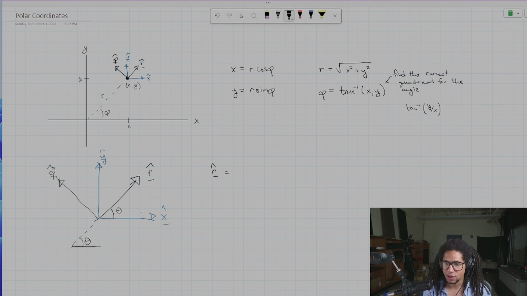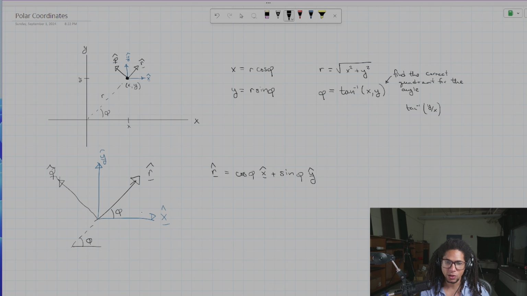So this is going to give us the length of the hypotenuse, which is 1 because r hat is a unit vector. So 1 times cosine theta times x hat, because this is in the x hat direction. And then in the y hat direction, playing the exact same game will tell us that we should say plus, and of course this should not be theta, this should be phi. I apologize. All right, good.